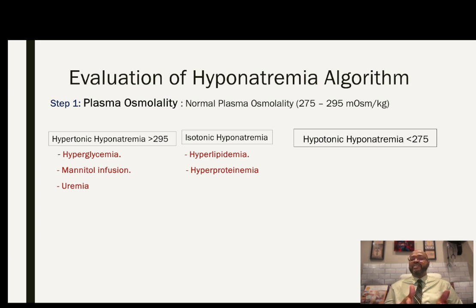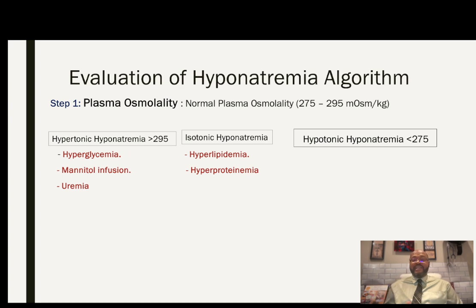And it usually has to be something that doesn't dissolve in solution. Lipids, protein, they are not soluble. So the easy way to say that is they kind of displace or add more volume to the solution. And so the sodium in solution feels low because it's measured as a whole. I'm hoping that makes sense.